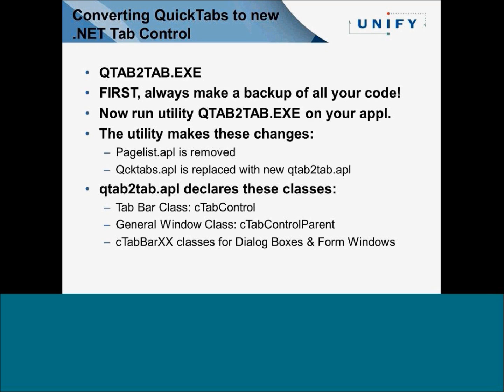This is the strip on the top, and then the tab pages themselves. So we replace the pagelist.apl and implement the new QTab-to-tab APL. The API is the same. You don't have to change anything, but you get new possibilities, new API functions to navigate through this control.